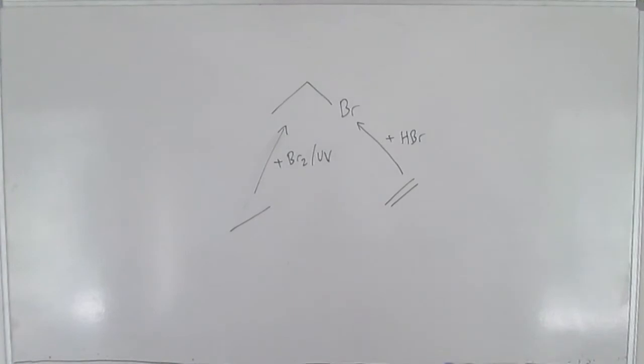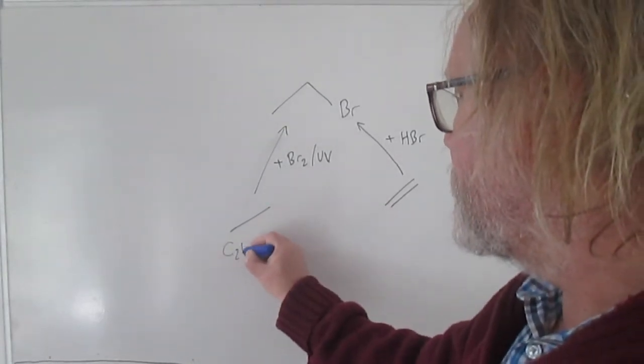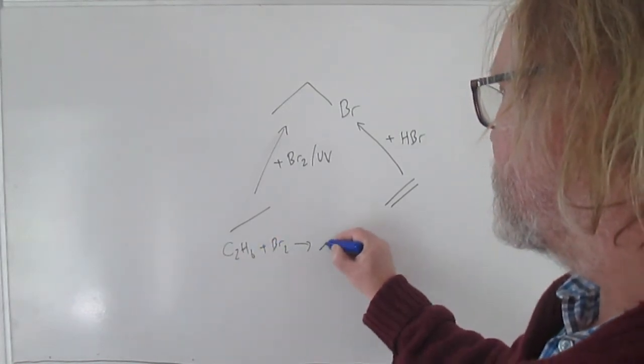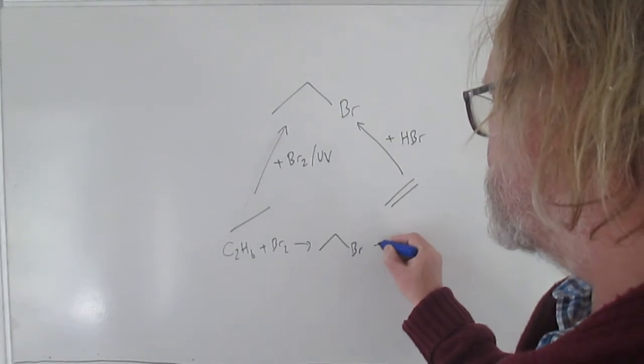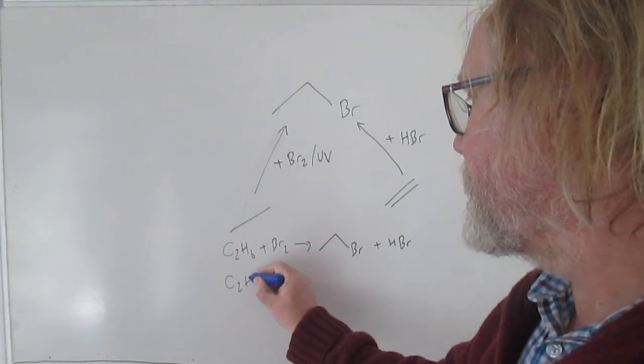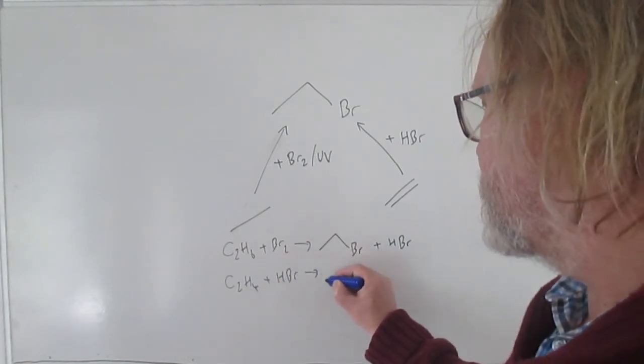But actually they're not, because if you think about the actual equations for this one, you have C2H6 plus Br2 goes to the product plus HBr, whereas for this one we just have C2H4 plus HBr goes to that product only.